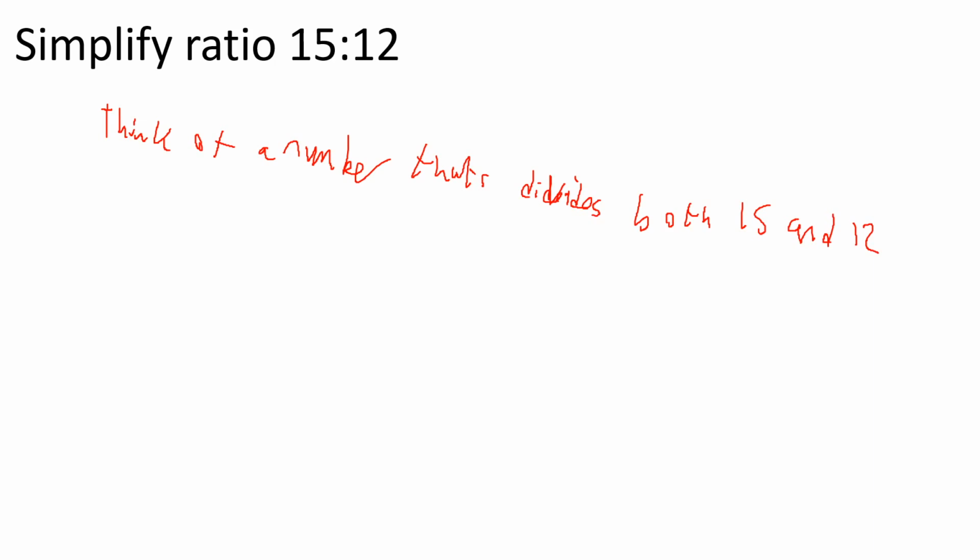So what is a factor of 15 and a factor of 12? I can think of 3. So what we can do is take 15 to 12 and divide it by 3, because both 12 and 15 are multiples of 3, right?